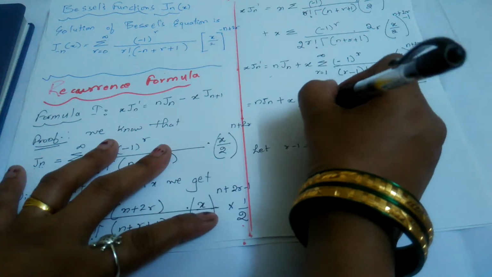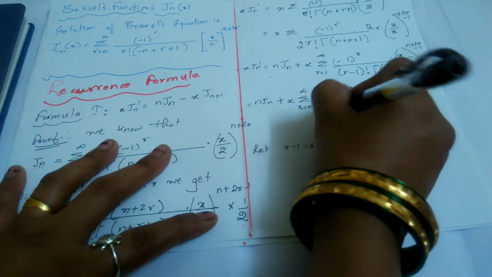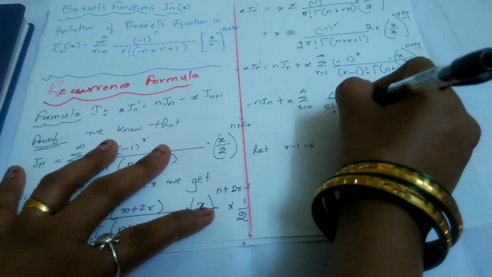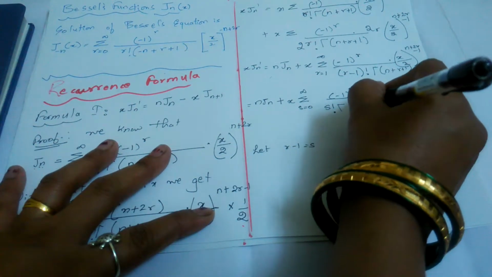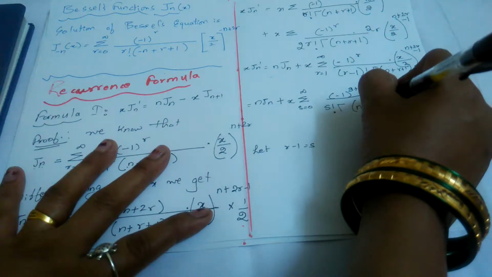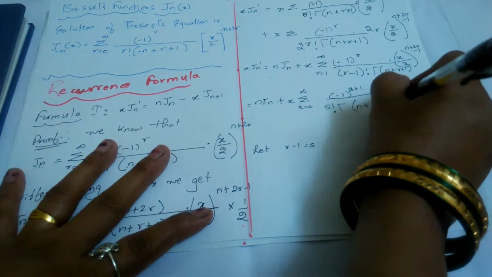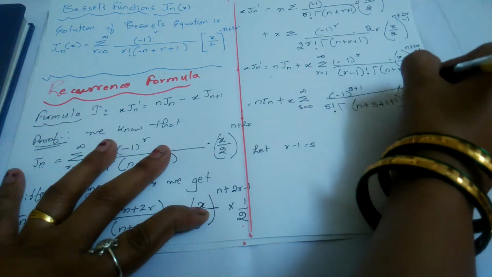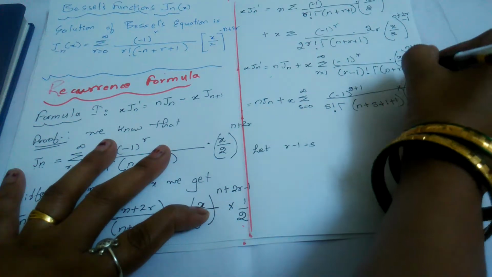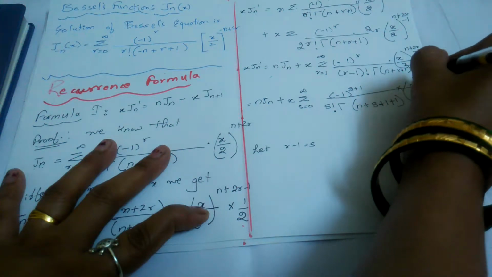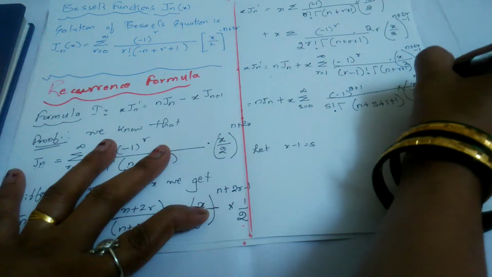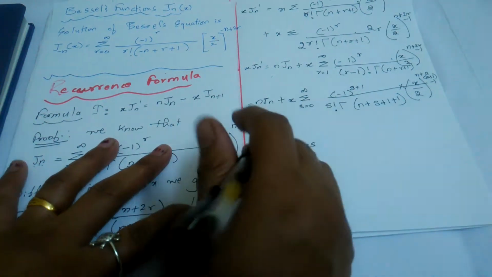So next is s factorial, then it will be n plus s plus 1 plus 1 into (x/2) raised to n plus s, which equals s plus 1 minus 1.